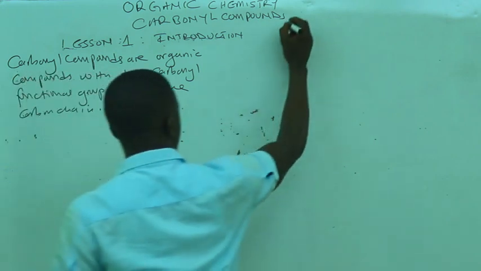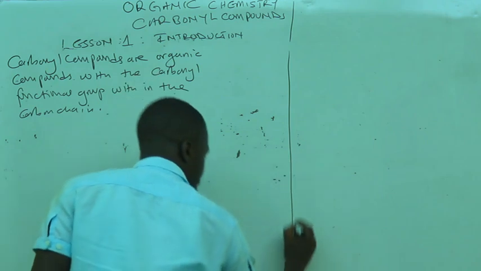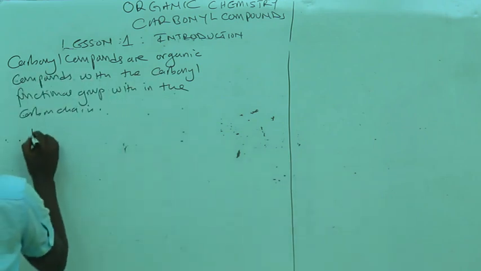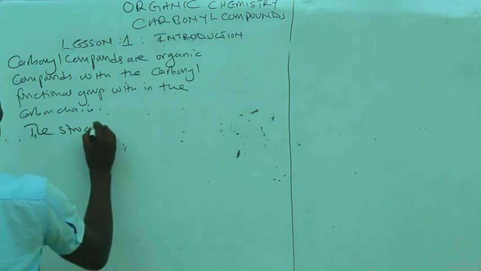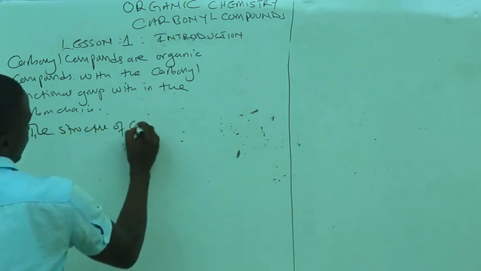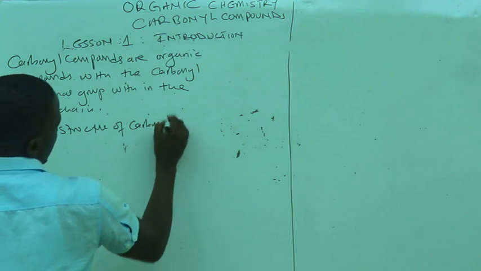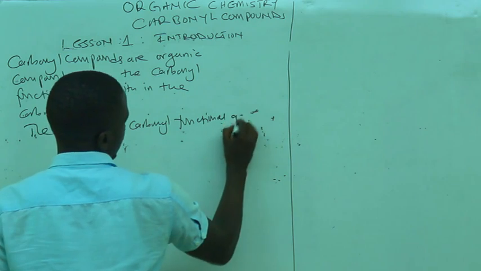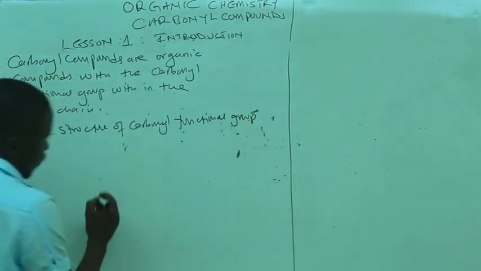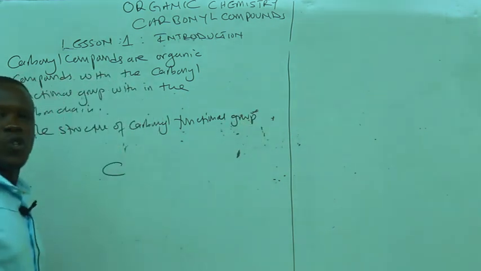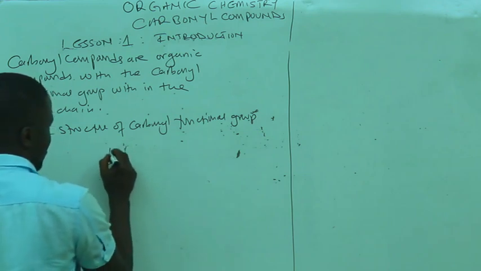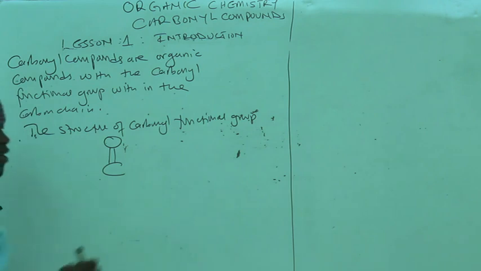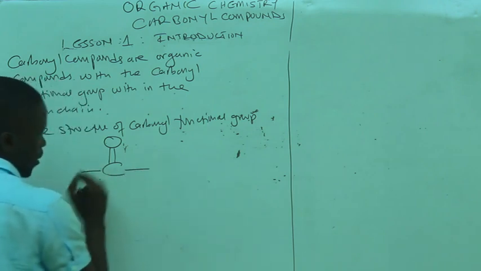Now, what do we mean by the carbonyl functional group? The carbonyl functional group has this structure: you have a carbon atom to which oxygen is double bonded, and these bonds are open.